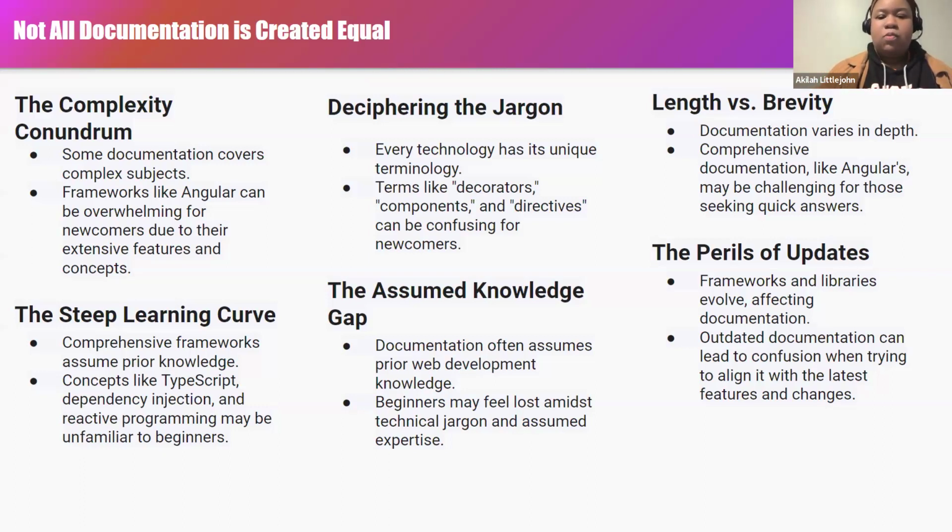Like the assumed knowledge gap, documentation can often assume prior web development knowledge, and it should, depending on the solution it's trying to solve. One of the reasons why documentation isn't created equal is because it's trying to solve different problems. Angular has a different paradigm than React, and React has a different paradigm to Svelte, and it depends on your own programming background, right?